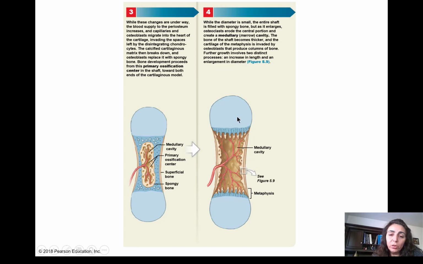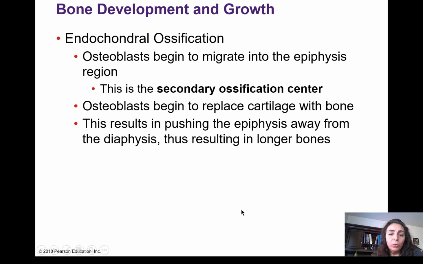Then after this, another ossification center starts around the two epiphyses, which we call secondary ossification centers, and osteoblasts begin to migrate into the epiphyseal region and replace the cartilage in that area with bone.